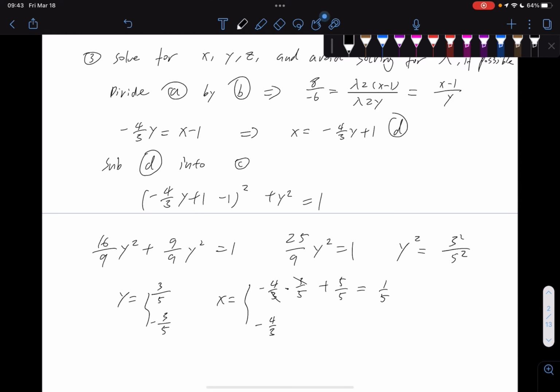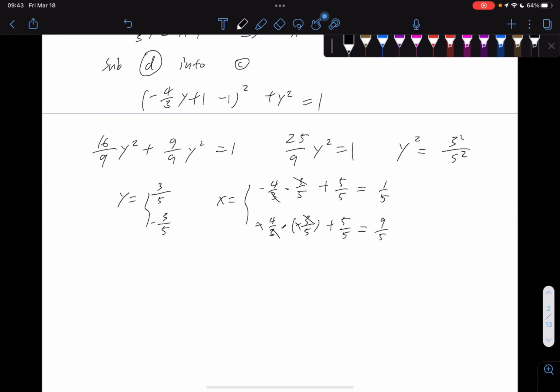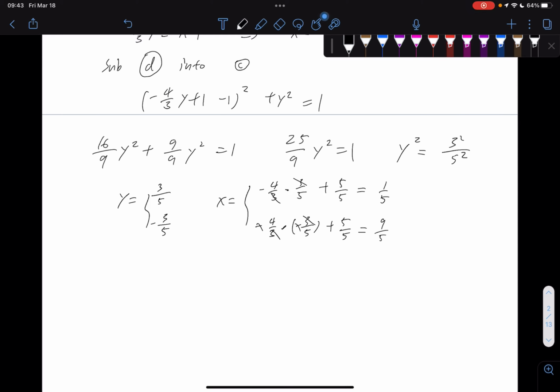For negative 3 over 5: negative 4 over 3 times negative 3 over 5, and then we plus 5 over 5. So 3 again cancels out, the negative sign cancels out, 4 over 5 plus 5 over 5, that's 9 over 5. All right, so now we have obtained the possible values: x and y equal 1 over 5 and 3 over 5, and 9 over 5 and negative 3 over 5.